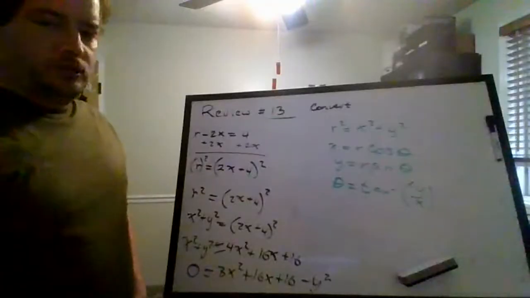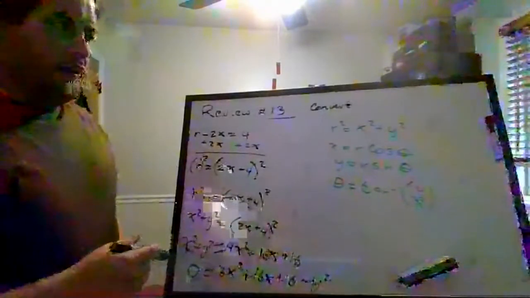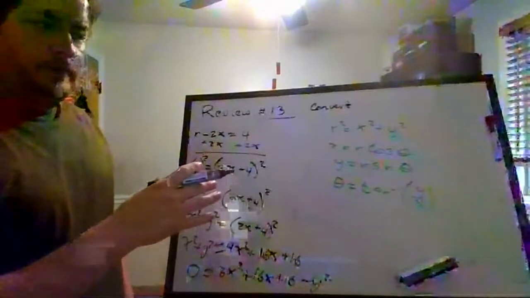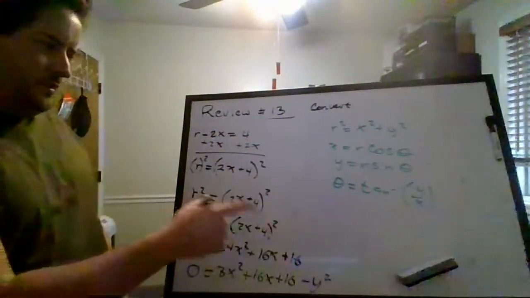On top of that, there's also going to be a lot of options in the multiple choice. It's not just going to be like a Scantron A, B, C, D. You might have 10 or 15 possible things to select from. So know how to turn your answer into different forms. That'll be important. Okay, that is 13A.